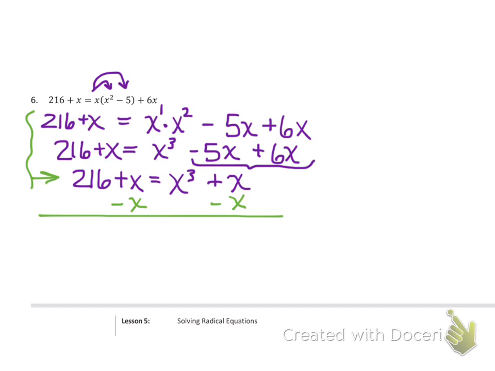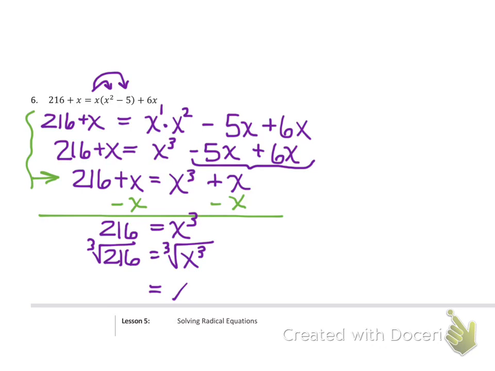And remember I said these are special problems. They wouldn't normally cancel from both sides, right? But I'm getting it down every time to this form of x squared or x cubed is equal to some number. So if 216 is x cubed, then the cube root of 216 is equal to the cube root of x cubed.